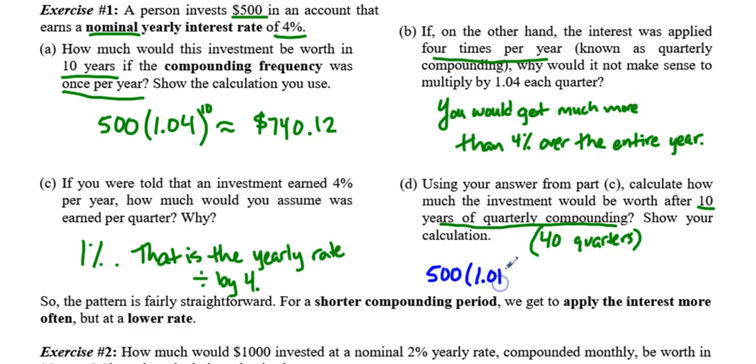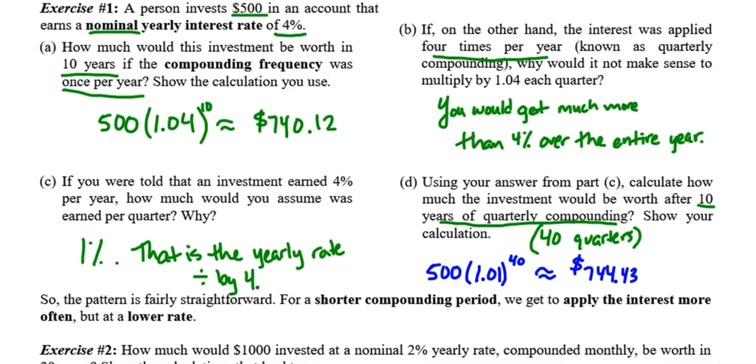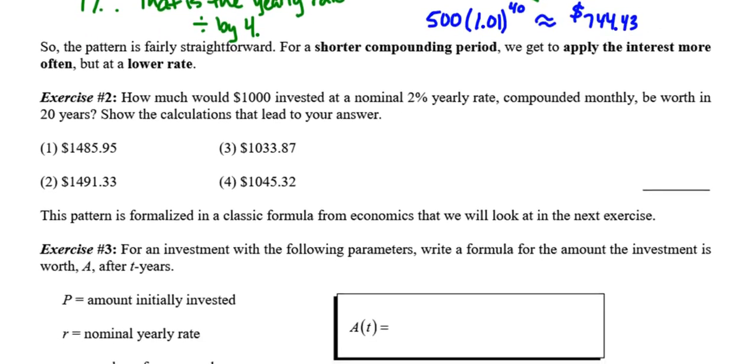So we're only getting 1% now, but we're getting it more often. We're getting 40 compoundings. When you do that calculation, let's see how it comes out. It works out to be $744.43. A tiny bit more than if we just left our money in there and they calculated it once a year. That's the value of compounding.